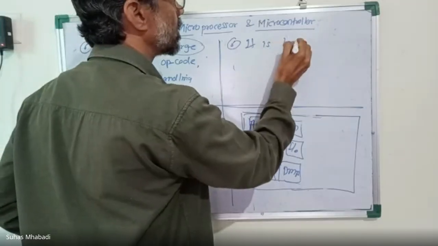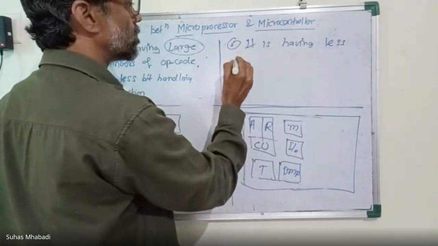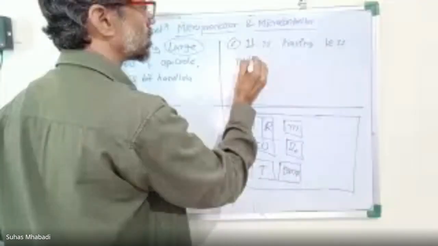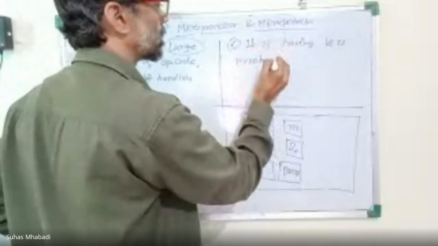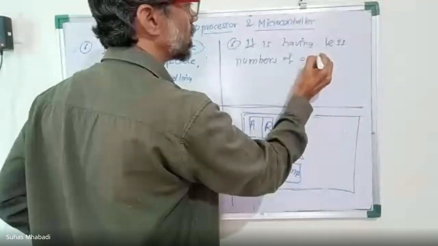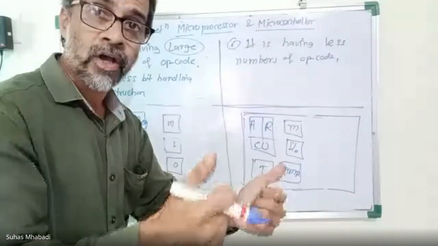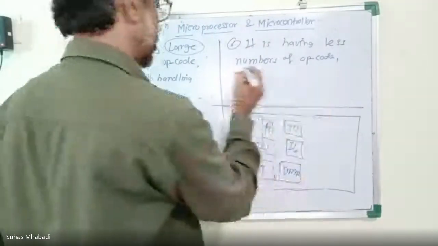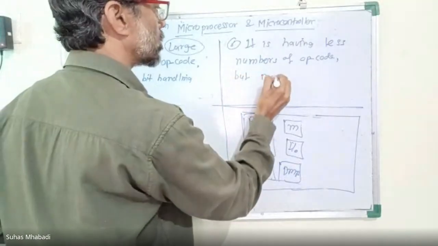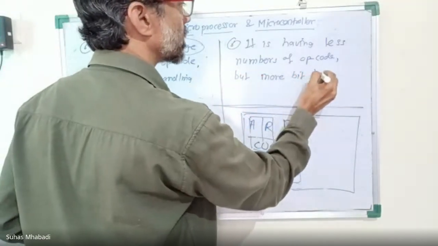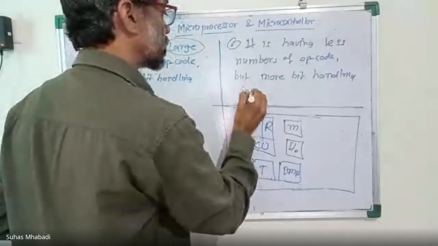It is having less number of operation codes. पण प्रत्येक ऑपकोड हा खूप स्ट्रॉंग आहे किंवा it can be modified. But more bit handling instructions.